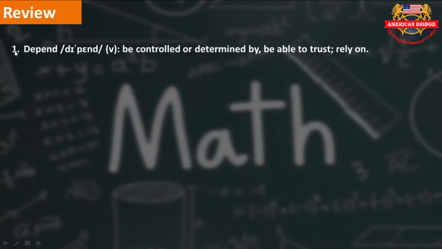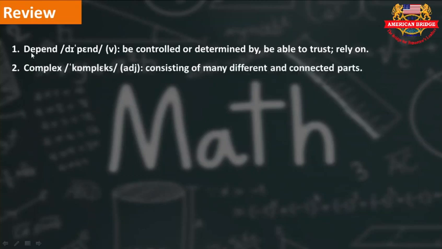The first word is depend. You can read it as depend, it's okay. It means to be controlled or determined by, or able to trust or rely on. You can just say rely on, it equals depend on also.